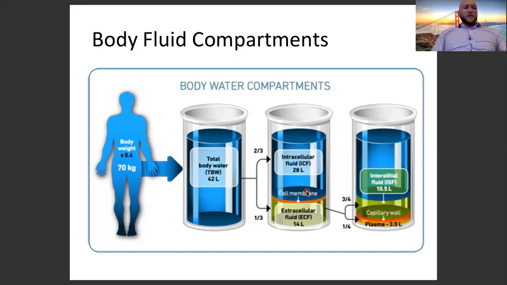Extracellular fluid would then be about one-third. And of that one-third, about 10.5 liters is interstitial fluid. Interstitial fluid is fluid that is around cells. It's not in cells. It's the fluid on the outside of cells, around the cells.